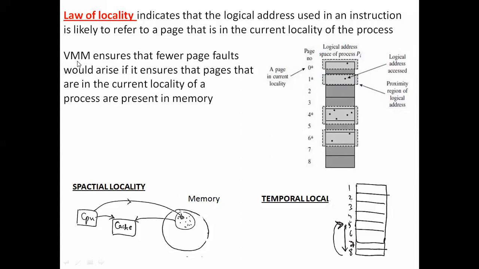So the virtual memory manager ensures that fewer page faults will arise if the pages in the current locality of a process are present in memory. What do you mean by this statement? To explain, a simple example is considered. Suppose this is the main memory, and the CPU accesses this particular instruction or address.